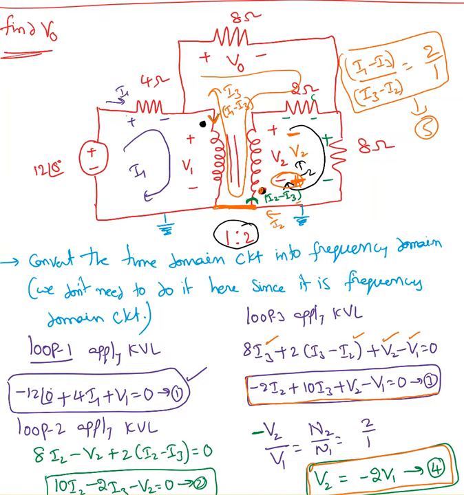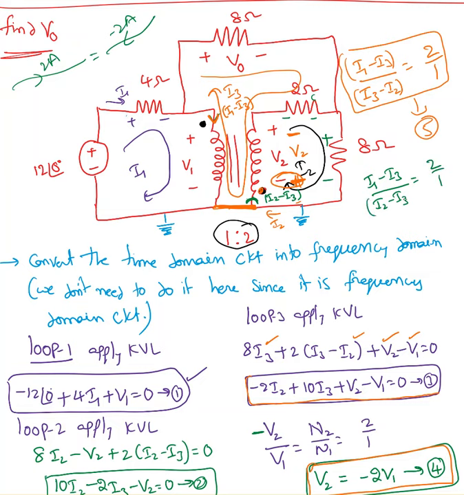Current is a vector quantity, so it has both direction and magnitude. So when you change the direction, the sign is going to change. Basically what I'm saying, you can say 2 amperes flowing in this direction, or you can say minus 2 amperes flowing in the opposite direction. Both of them are saying the same thing. That's what I did here. Now according to my current direction, it must be (I1 minus I3) over (I2 minus I3) equal to 2 over 1.